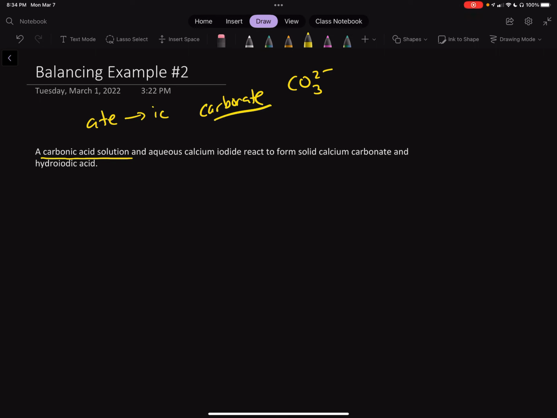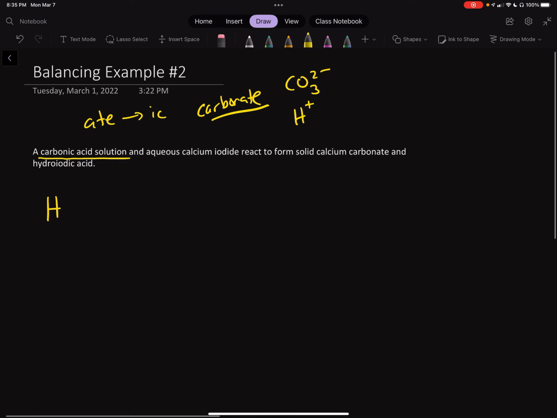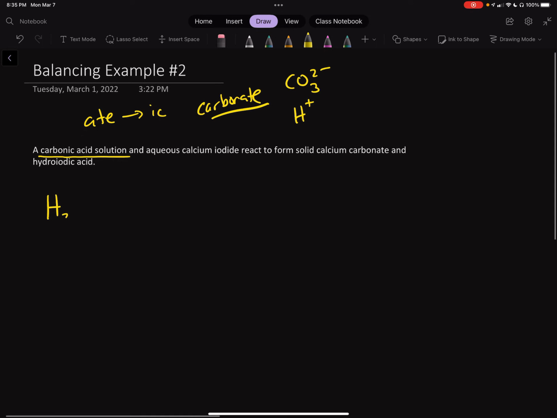And since it's CO3 2- and acids have hydrogens attached to them, we're going to need 2 hydrogens to make a neutral compound with CO3 2-. So carbonic acid would be H2CO3. And since it says it's a solution, we'll go ahead and call it aqueous for the physical state.